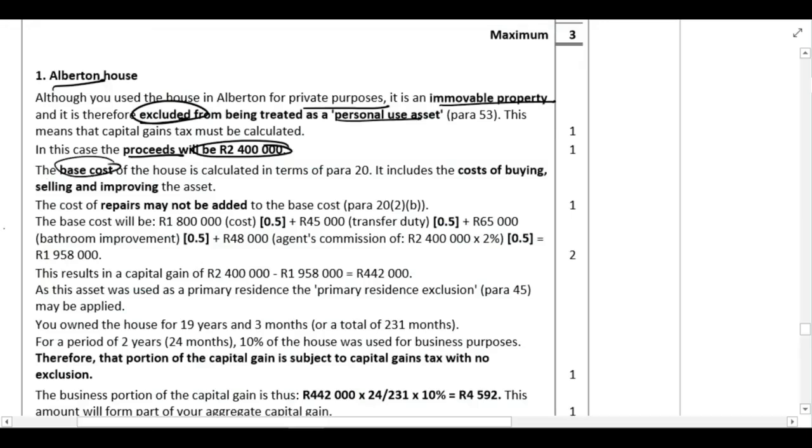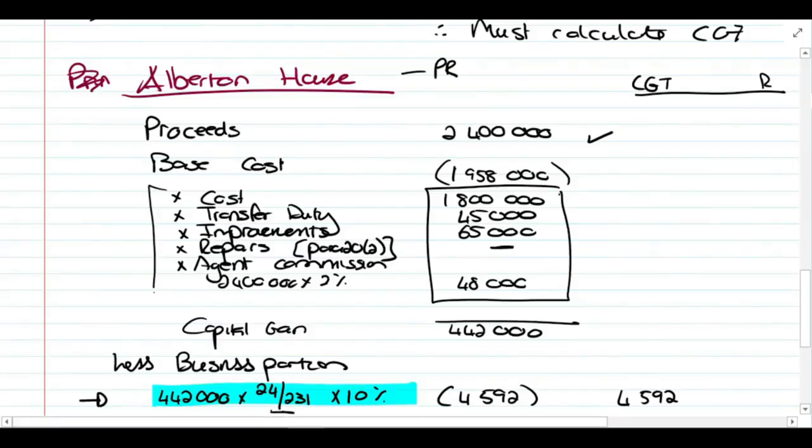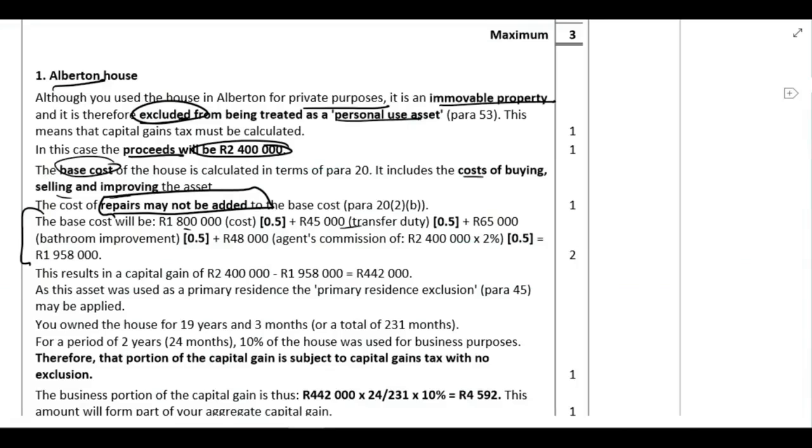You say what the base cost is, the cost of buying, selling, improving the asset. Repairs may not be added. Then you do a calculation of the base cost, like we did. You could also have expressed it in this way and say, this is how the base cost would be calculated. Right, you say what the capital gain will be. It's not always marks for that, because that's obviously just the proceeds less the base cost, and you already got a mark for proceeds, you already got a mark for base cost.